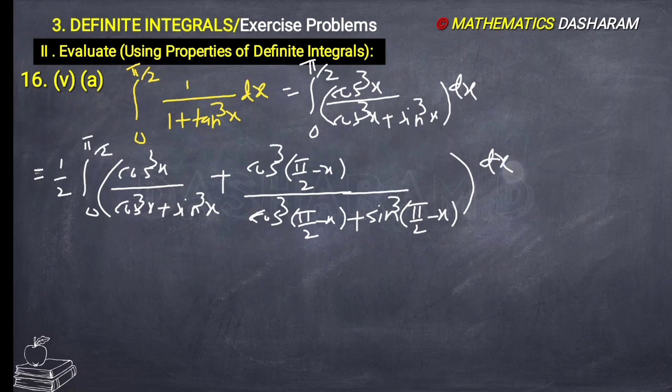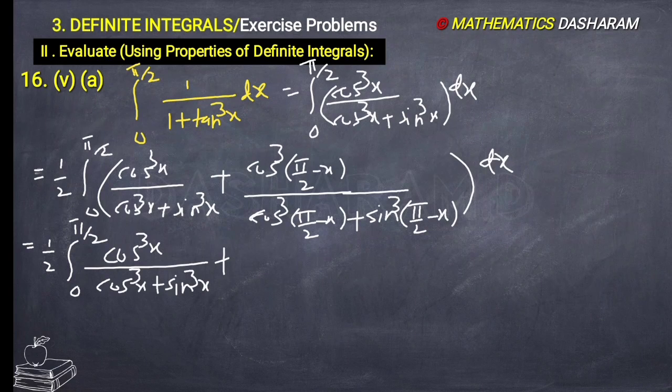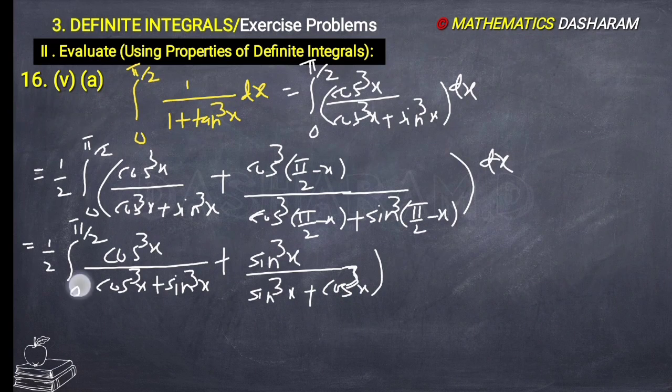whole dx. So it is equal to 1/2 integral 0 to pi/2, cos(90 minus theta) is sin theta, so sin³x divided by, here also sin³x plus sin(90 minus x) is cos x, so cos³x whole dx.